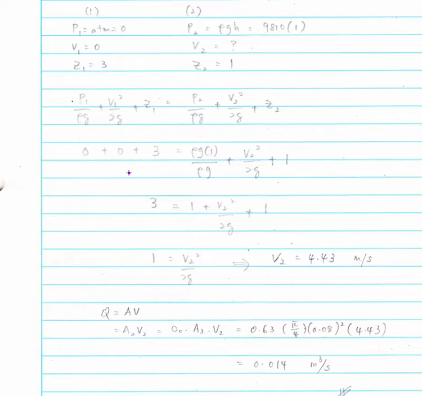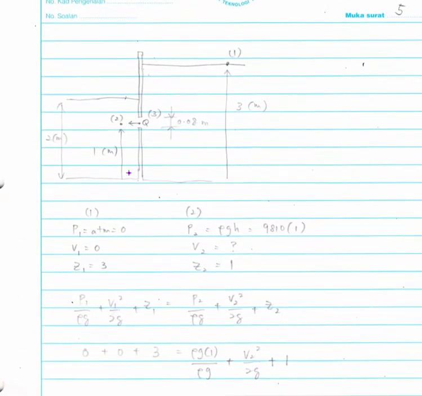V1 equals 0 because we assume that this molecule starts from the free surface, and let's say the orifice is closed in the beginning. If the hole here is closed, there is no movement, no velocity at all.